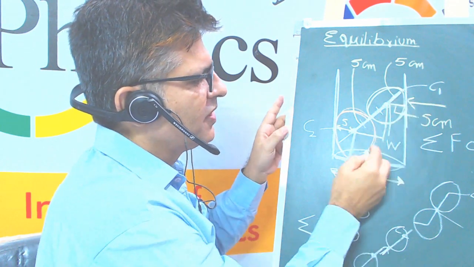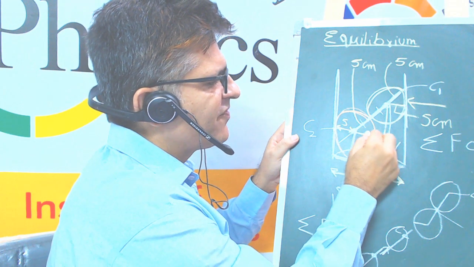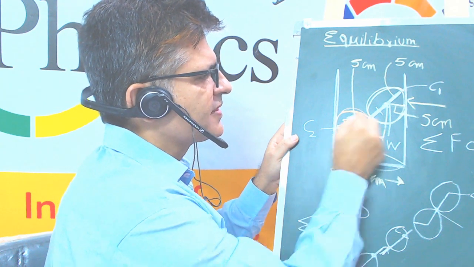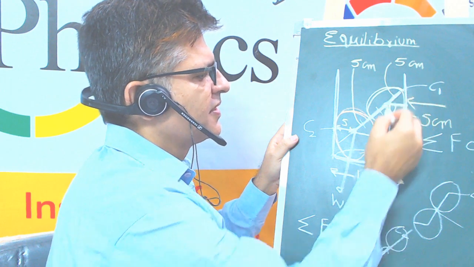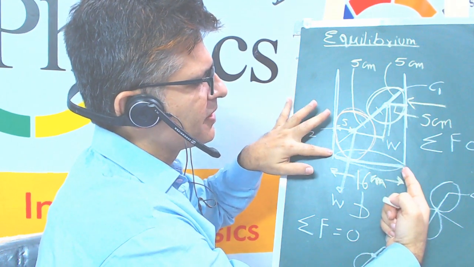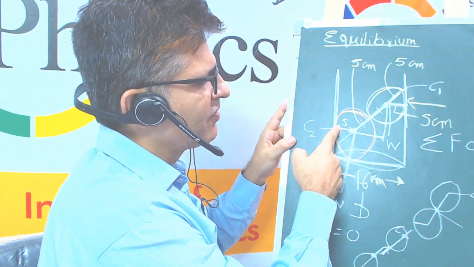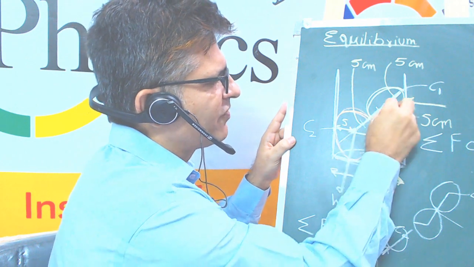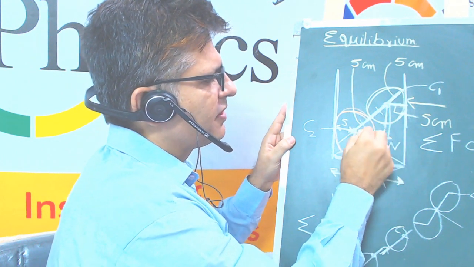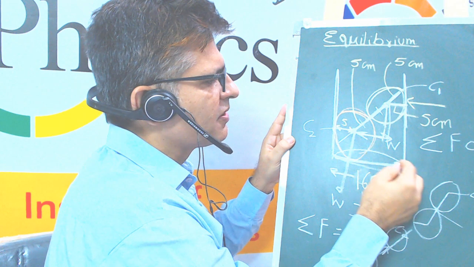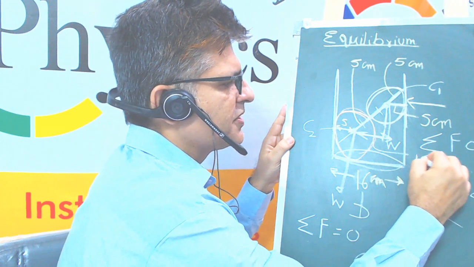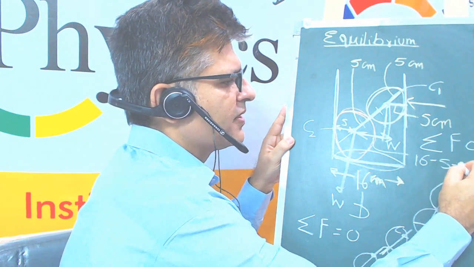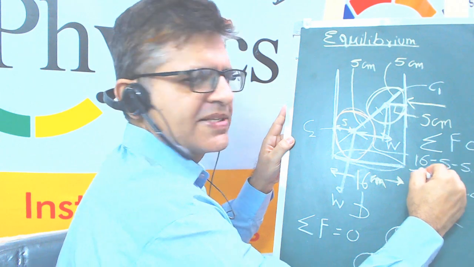So what you are left with, if you subtract this radius and this radius from 16 centimeter, so 16 minus 5 and 16 minus 5, you're left with this particular length, right? So this particular length is 16 minus 5 minus 5, which is equal to 6 centimeters, okay?